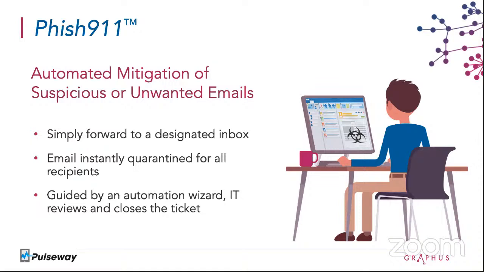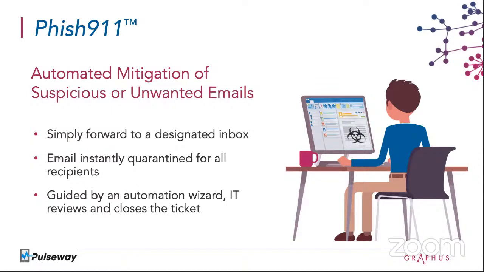Now, the important thing of this capability is that it automates the workflow. The moment an end user forwards an email, it is immediately quarantined for all recipients. So if it was indeed a threat, it has been mitigated instantly. Now, once that's done, IT is notified through real-time notification, and they can log into the MSP or customer portal, and an automation wizard helps them close the ticket within 30 seconds.